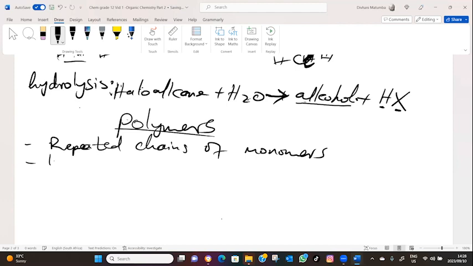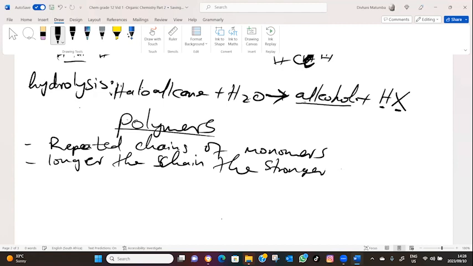Now, the longer the chain, the stronger the polymer.